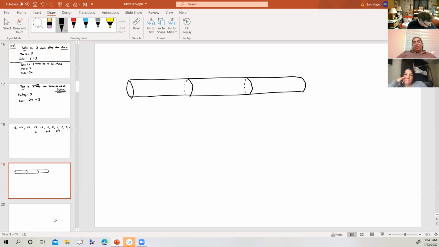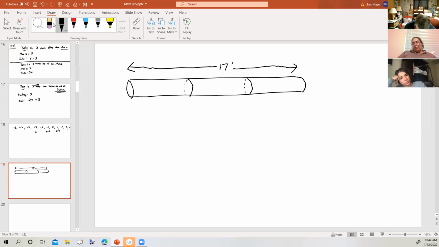All right. It says a 17-foot pipe is cut into 3 sections. So the whole thing is 17 feet long. The longest section is 3 times as long as the shortest section, and the middle-sized section is 2 feet longer than the shortest.